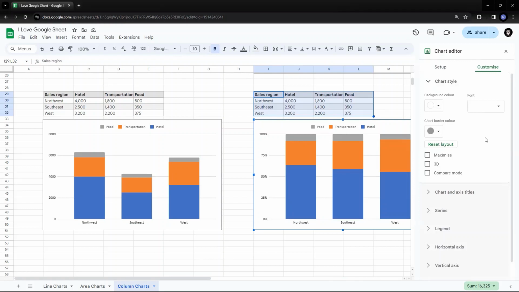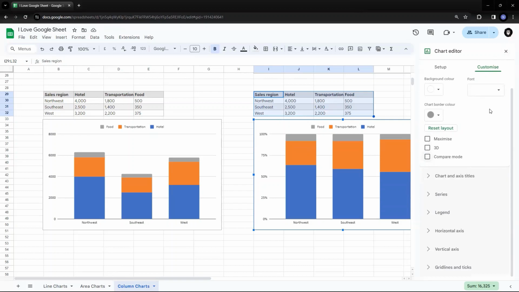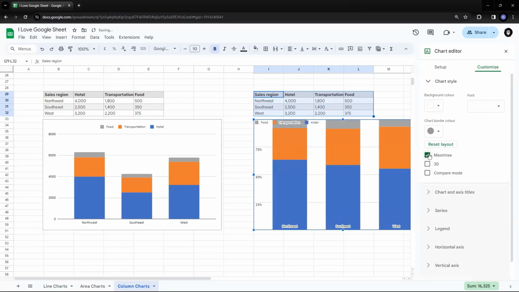You can see there are a few things which get added to column charts, like I could have a 3D image like this. I would prefer a 2D image. Compare mode, if I want to have a comparison mode. That's not much of it.